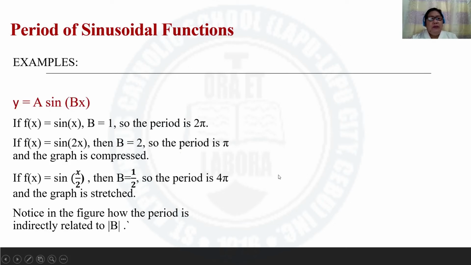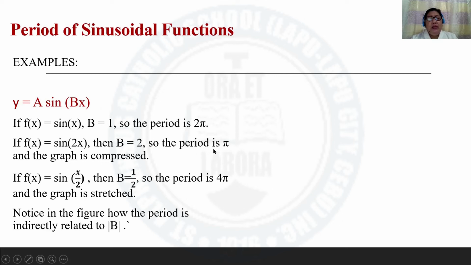For example, using y is equal to a sine bx. If f of x is equal to sine x, here b is equivalent to 1. The numerical coefficient of x is 1. So the period is 2 pi. If f of x is equal to sine 2x, then b is equal to 2. The numerical coefficient of x is 2, which will represent b.